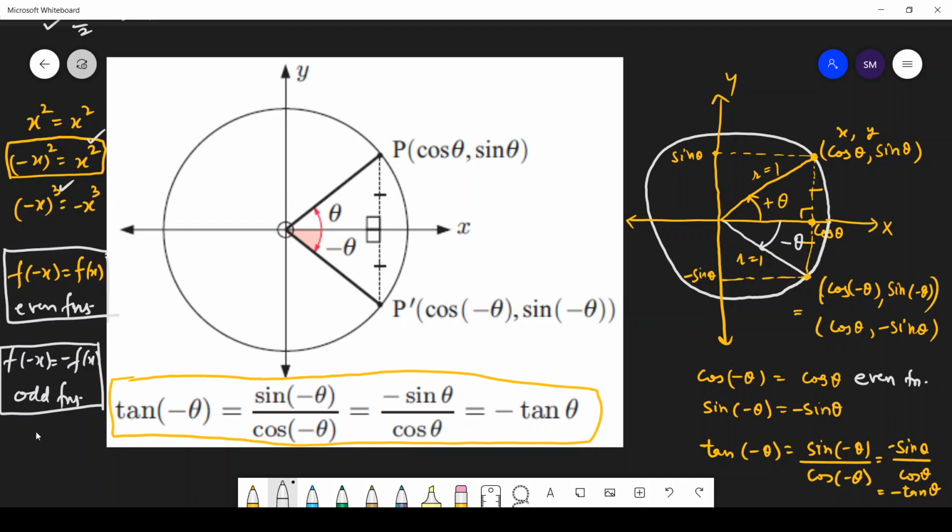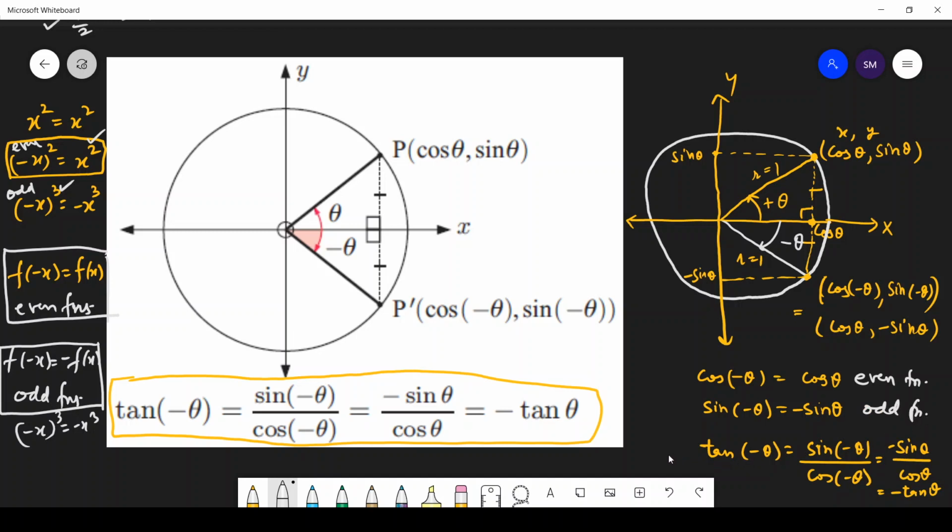And if the negative comes outside, so what function is it? Odd function. So you can always remember these functions with the help of these even powers and odd powers. Okay, so this is an even function and this is an odd function. Sine function is an odd function. What about tan function?